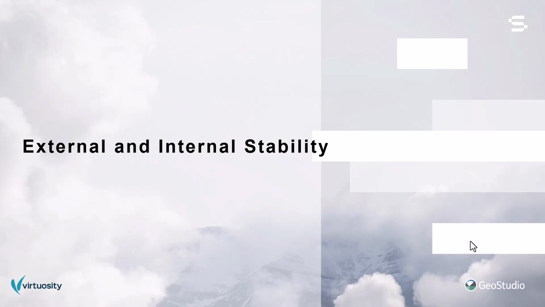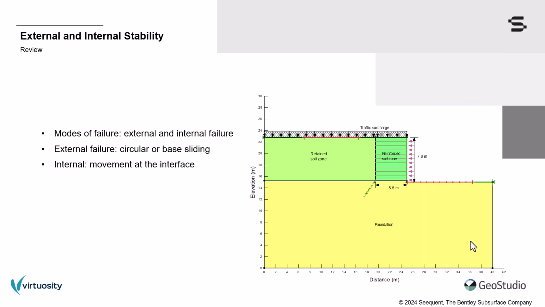We're going to cover quickly external and internal stability here. It is important to differentiate between internal and external stability. Most mechanically stabilized walls include wall facing, geogrid, backfill, and the naturally retained material behind the MSE wall. The MSE wall can effectively be thought of as a single block.